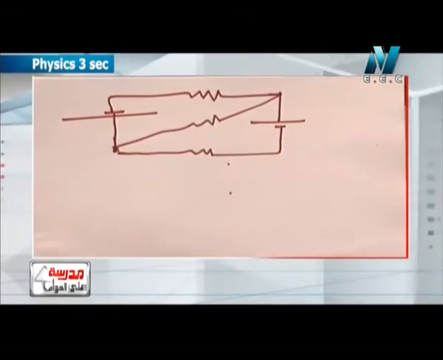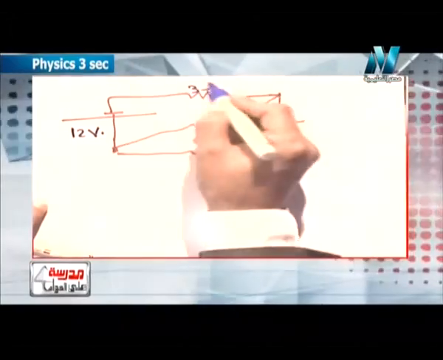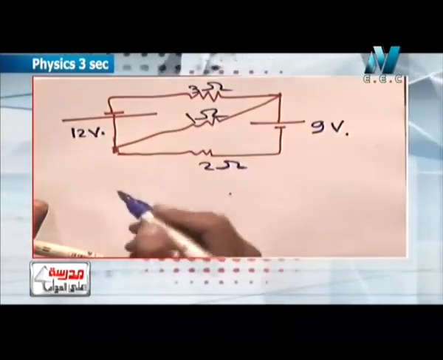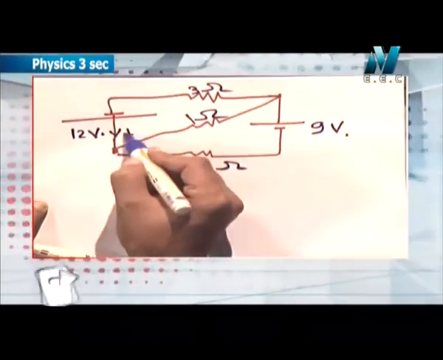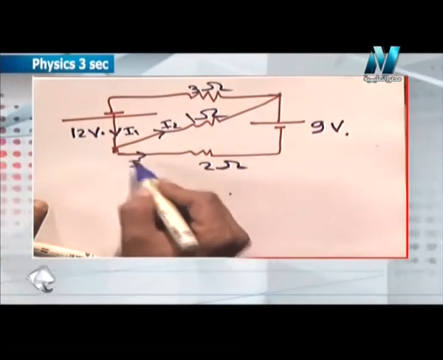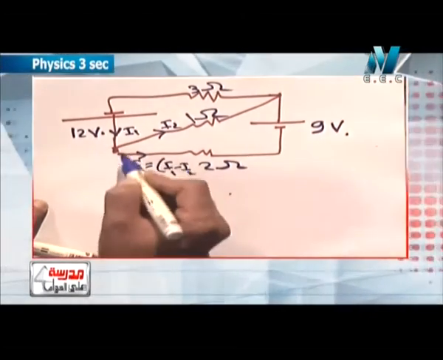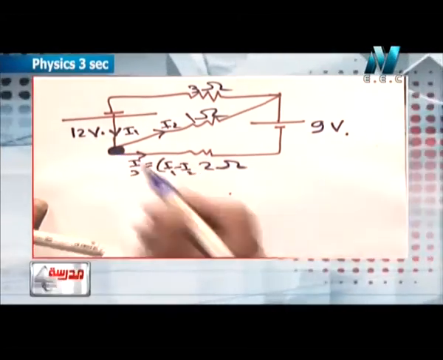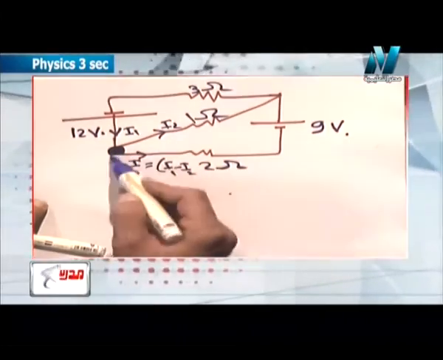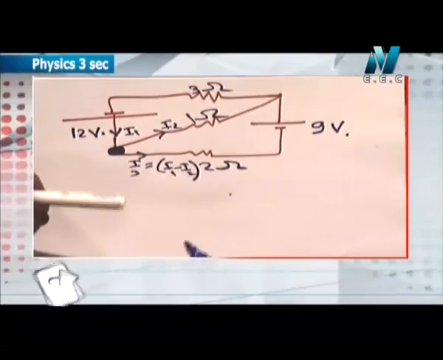We have a 12 volt battery, 3 ohms, 9 volt here, 1 ohm here, 2 ohm here, current I1 here, current I2 here, and current I3 equal I1 minus I2 according to Kirchhoff first law. Current entering I1 equals current out I2 and I3, so I3 equals I1 minus I2.